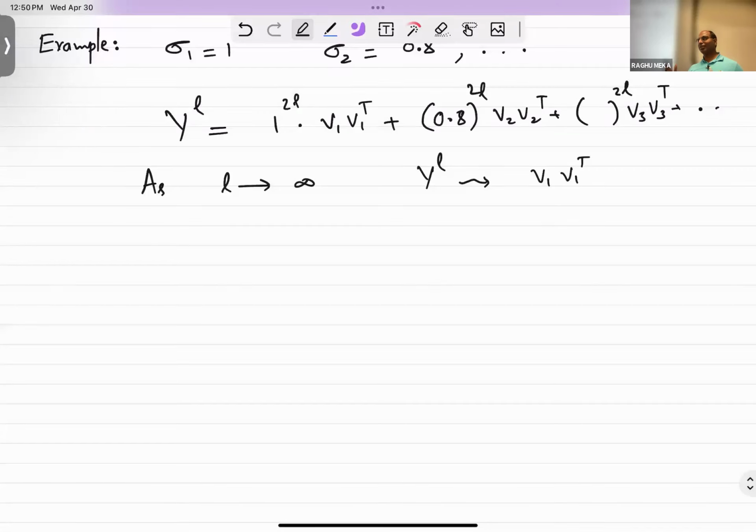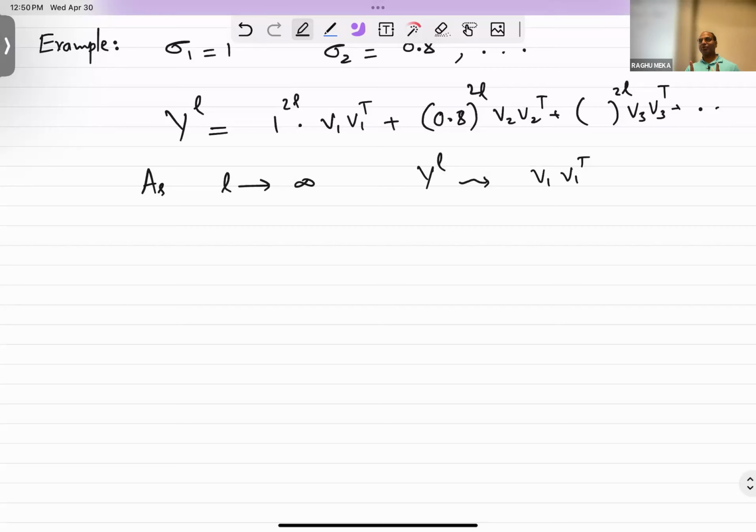To jump ahead a little bit, if the sigmas are the same, there's no unique solution for what the first principal component is.